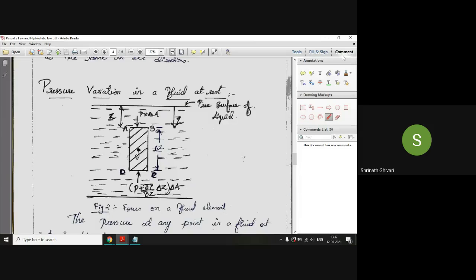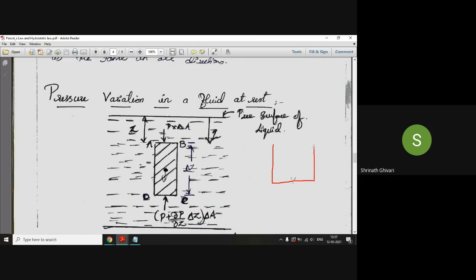If you consider a container in which I have placed some water, as I told you in previous classes, at this point the pressure will be high, and at this point the pressure will be low.